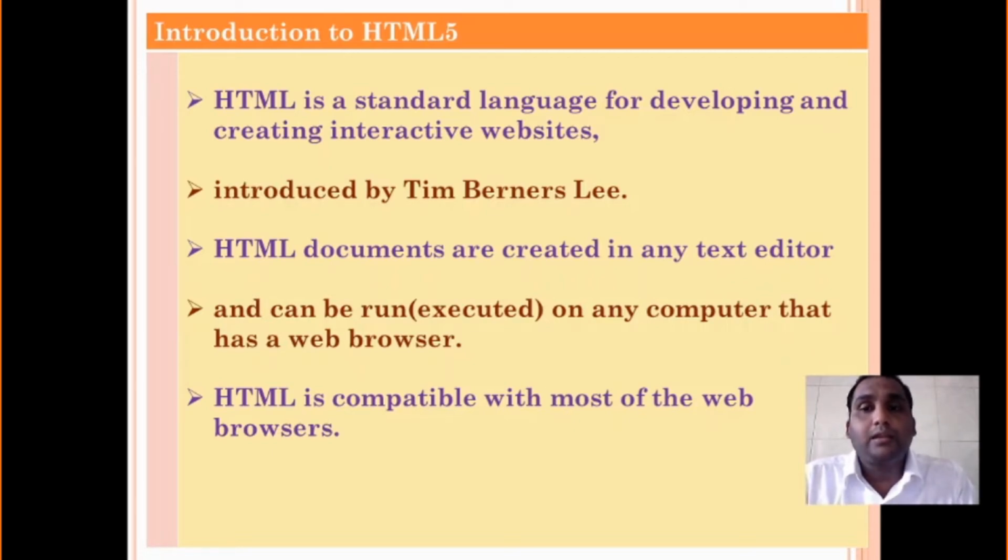After writing the code into Notepad or a text editor, that code is to be executed on a computer that has a web browser. That means output can be seen on the web browser. HTML is compatible with almost all the web browsers available in the internet world.